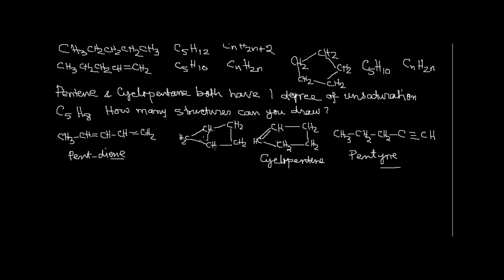But it can also have 2 cyclic structures. Just like we have this one, cyclopentane had 1 cyclic structure that corresponds to 1 degree of unsaturation. So if you have fused rings, 2 fused rings, well, these are complex and don't worry about them. 2 degrees of unsaturation.